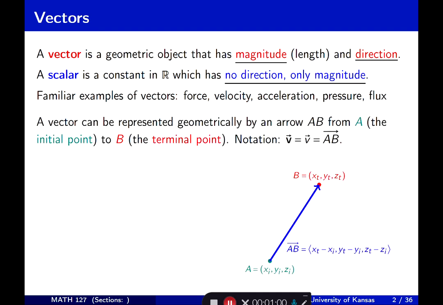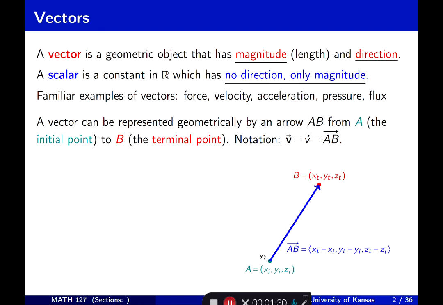When we show a vector geometrically, we start from an initial point A, for example, and an endpoint B. We draw a line between A and B with an arrow that shows the direction of the vector.